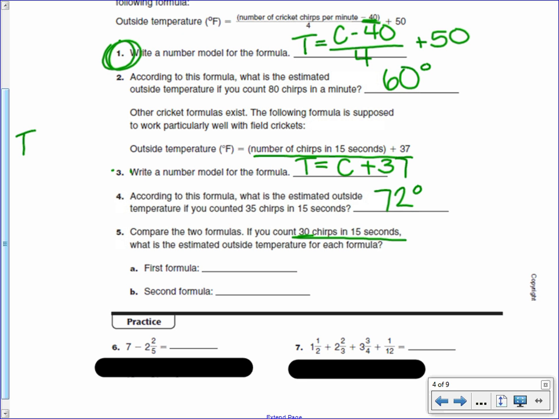So 15 seconds, 30 seconds, 45 seconds, 60 seconds. So what do we need to multiply that 30 chirps by? 4, right? Because there's 4 of those pieces of 15 seconds. So we had 30 chirps times 4 will give you 120. So that's the number we have to put in our equation. If you would have just put 30, you would have gotten the wrong answer.